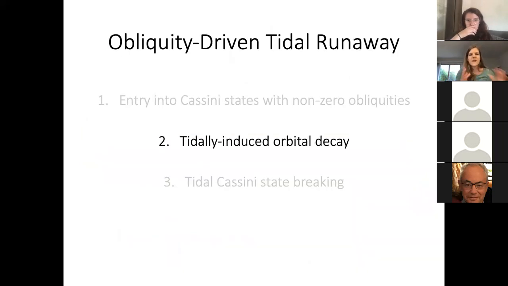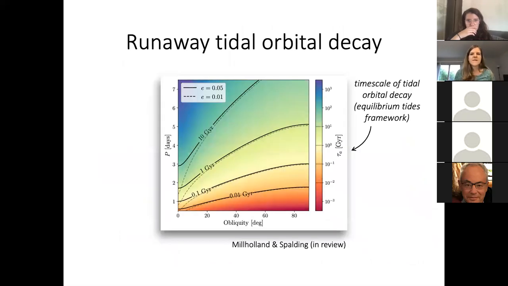So as I've already alluded to, once this obliquity is in this non-zero state, tidal dissipation will lead to orbital decay. And the rate of this orbital decay induced by tidal dissipation can be calculated in the equilibrium tides framework, which I'm showing here for some typical planetary properties as a function of the orbital period and the obliquity.